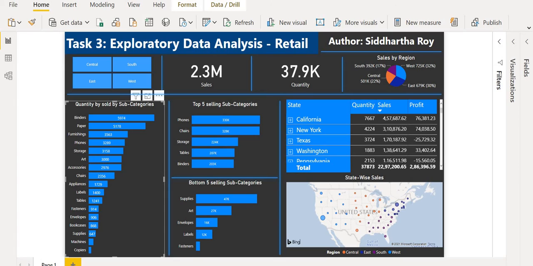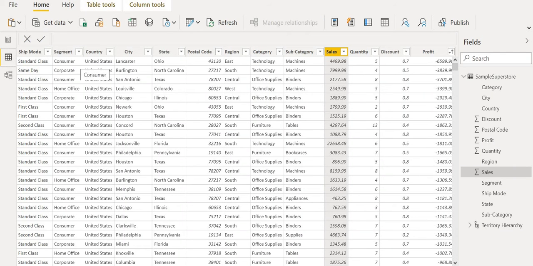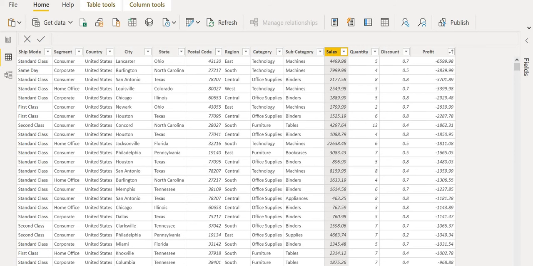Now let's look at the Power BI. How does it look? We can see over here the same which I explained in the PPT. The columns are of two categories. Ship mode, segment, country, city, state, region, category, subcategory are categorical values, and the numerical values are postal code, sales, quantity, discount, profit.